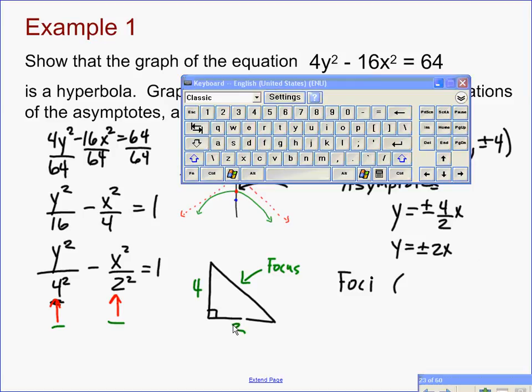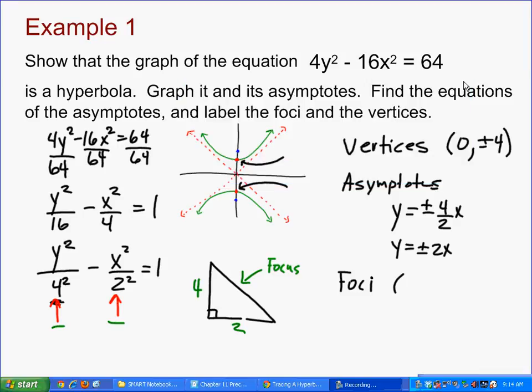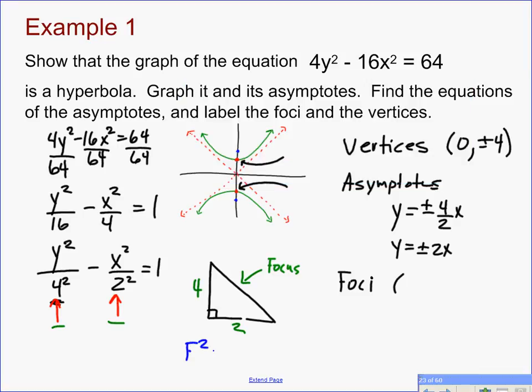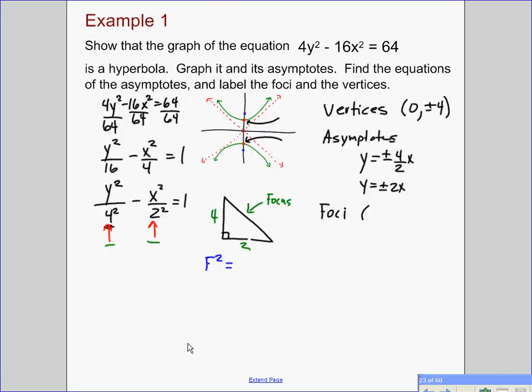Okay, so we're trying to find the hypotenuse. So when we find the hypotenuse of that, then we know how far the focus is from the center of our hyperbola. Okay, so we've got our focus squared is going to be equal to 4 squared plus 2 squared. So that means f squared is going to be 20.